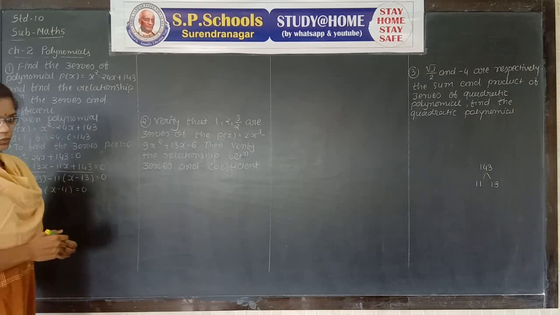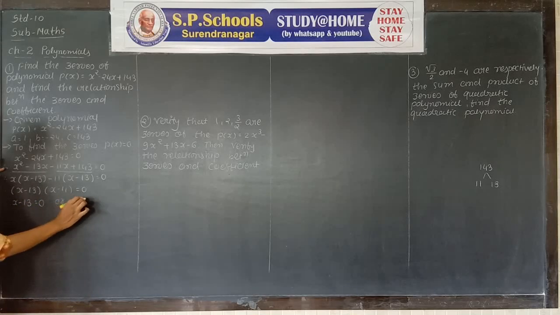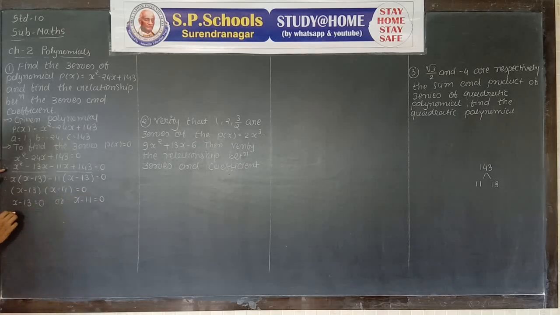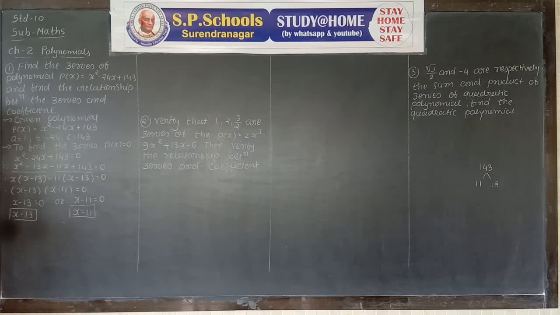Now we compare both brackets with 0. x minus 13 is equal to 0 or x minus 11 is equal to 0. That's why one time x is 13 and another x is equal to 11. Here 13 and 11 are the zeros of the given polynomial.